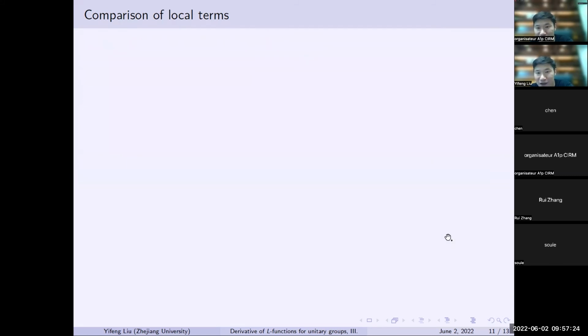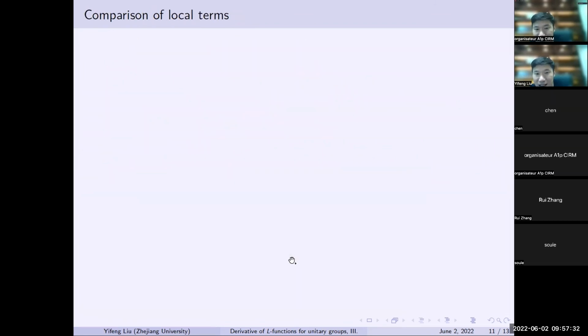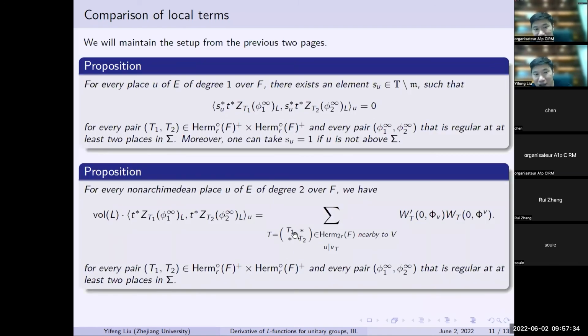If you compare this term, it is exactly those parts here, but only for those T whose diagonal is T1, T2. So it's this one. For every T1, T2, and every phi_1, phi_2 that is regular at least at 2 places. Well, actually, for this one, you only need 1 place. But for this one, you need 2 places.